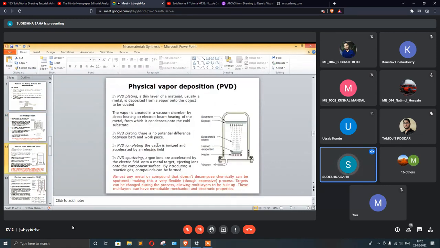Then these techniques are very important: physical vapor deposition, and in the next slide I will talk about chemical vapor deposition. These techniques are widely used for nanomaterial preparation.